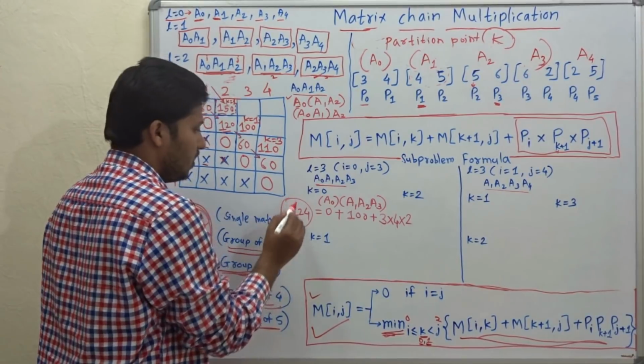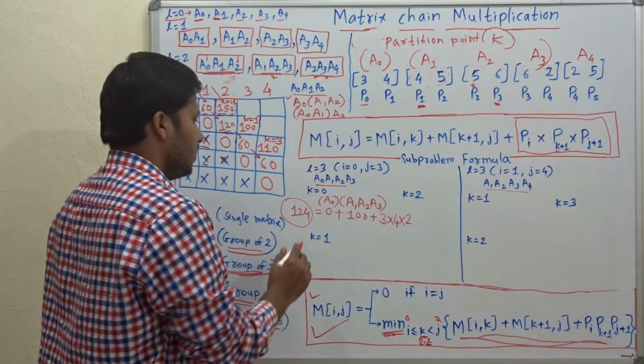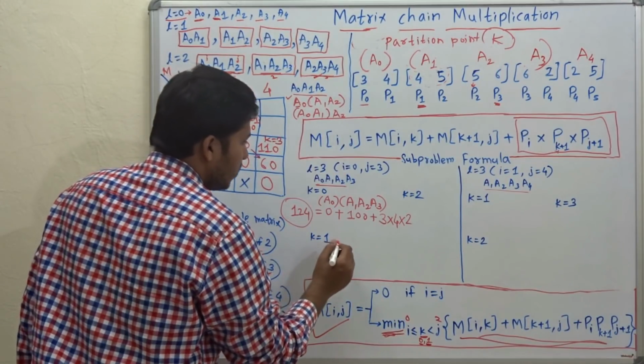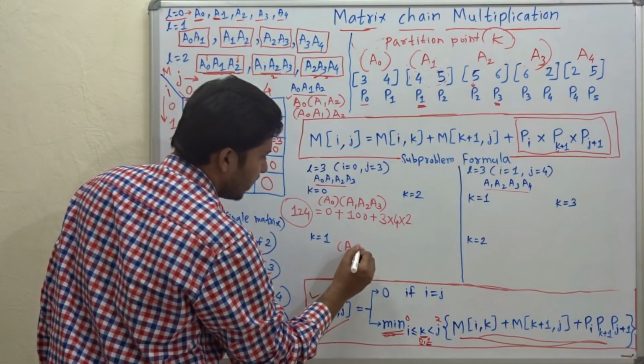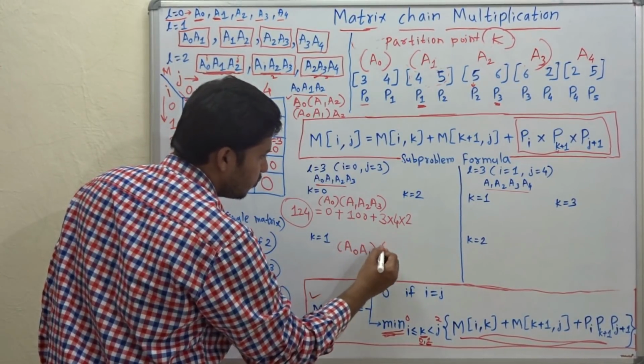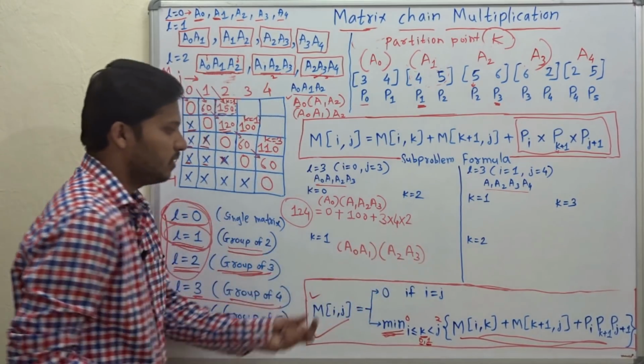Now let's go for partition K equal to 1. If K equal to 1 is the partition, means A1 is the partition point. So A0, A1 in one group and A2, A3 in another group.